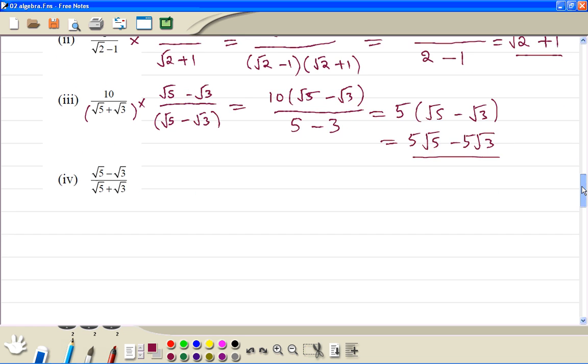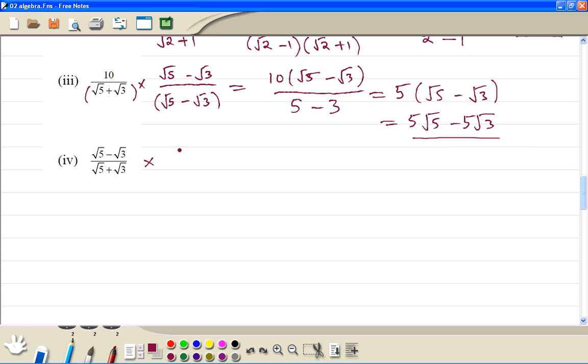Number 4, multiply top by root 5 minus root 3 and divide by the same thing. Now the bottom part is easy. Square the first number, which is 5, minus square the second number, which gives you 3.